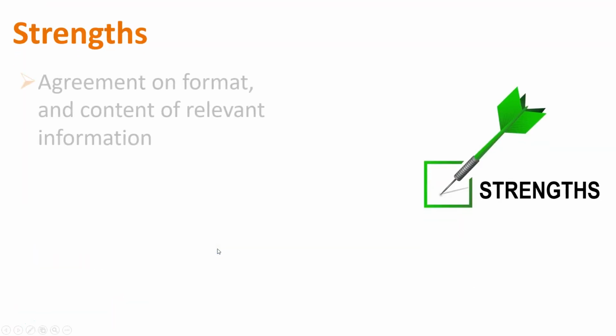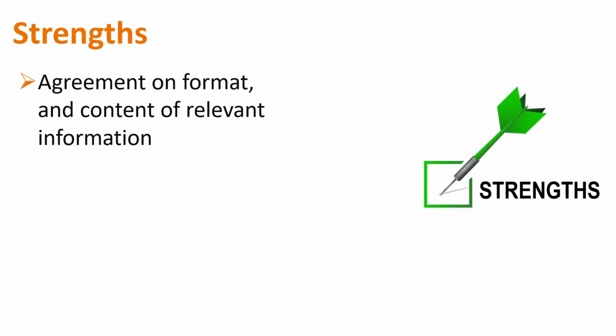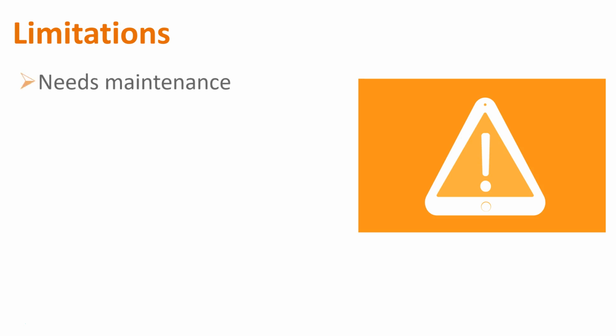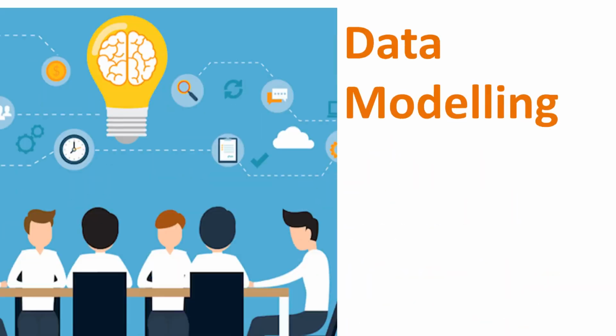The strength of data dictionaries is that they help us stay consistent on the format and content of the data we're working with, and on what all of that data means. It helps us consistently use data in our environment. The limitation is that it has to be maintained. If you try to use data dictionaries that are not kept up to date, then you're going to risk failure of a solution.